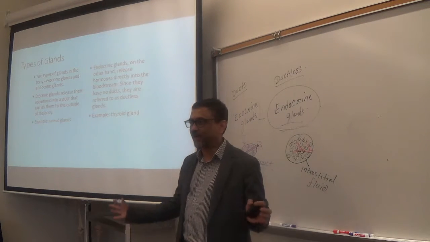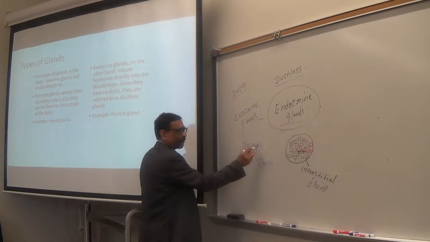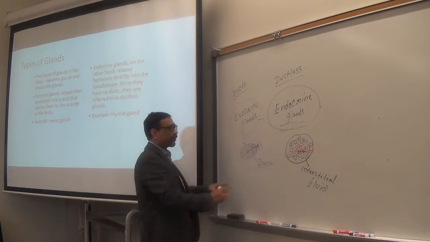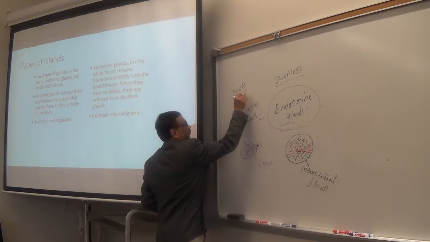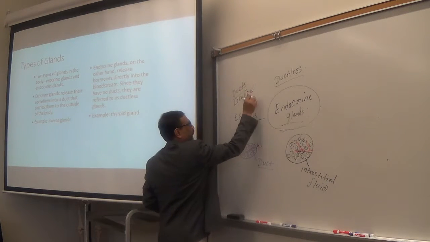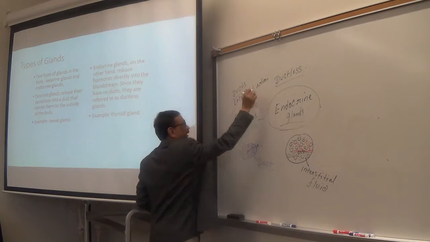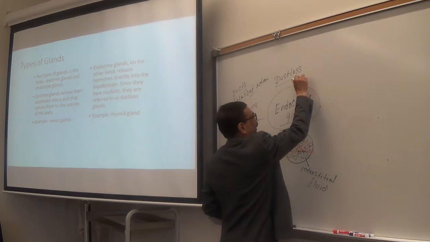Make sense? No ducts. In case of exocrine, the hormones are released just outside of the gland, so the action is localized, just outside of the gland. In case of endocrine, the action is what?